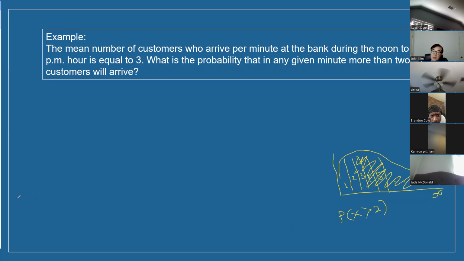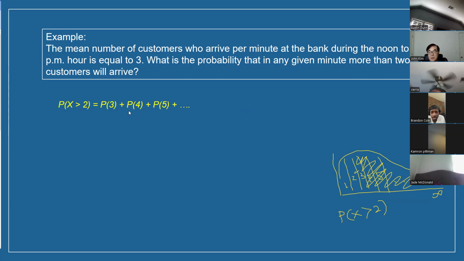So it is like three plus 4 plus 5 plus 6 plus forever. So in this case, we can get probability x equals to 3, 4, 5. But to get infinite, it is impossible.